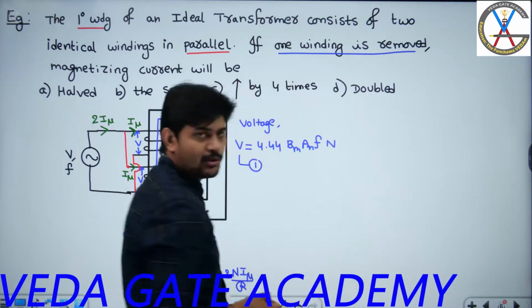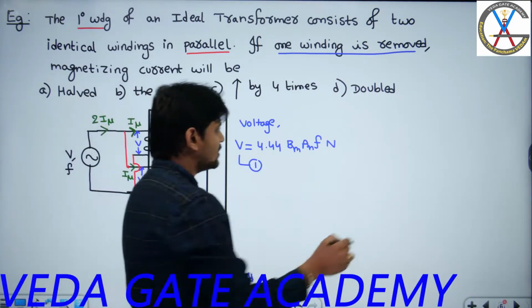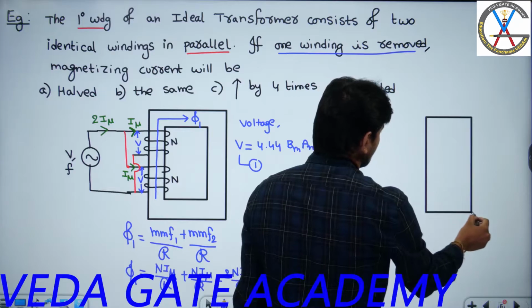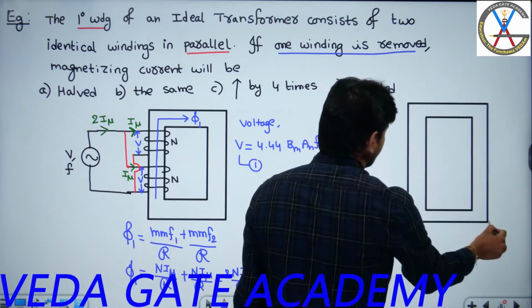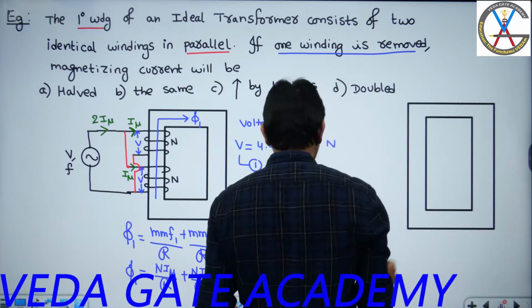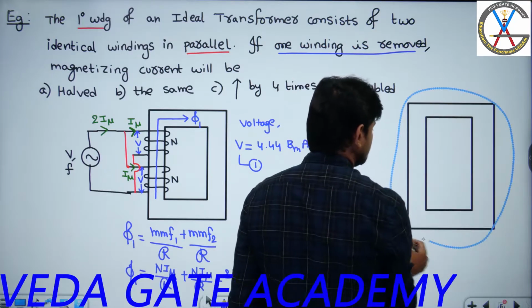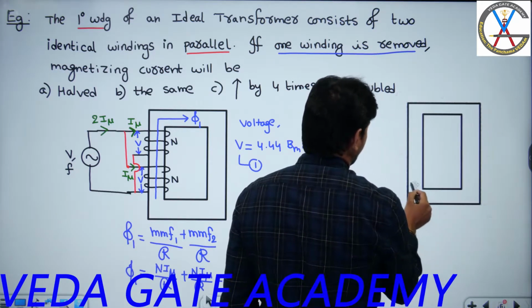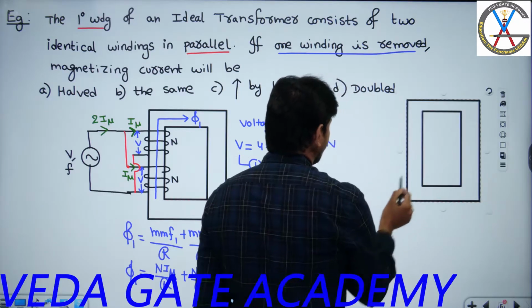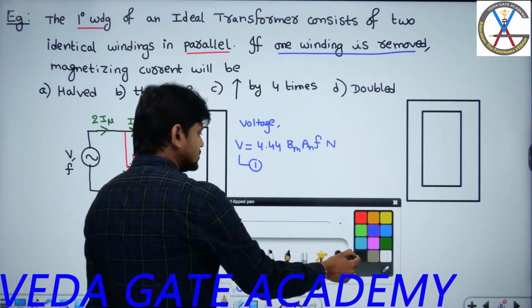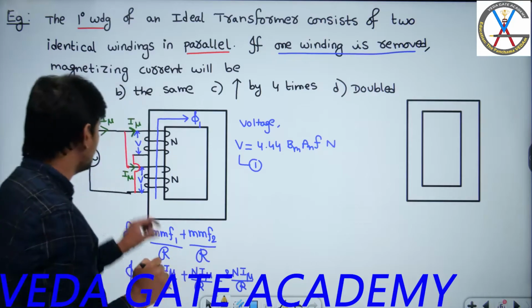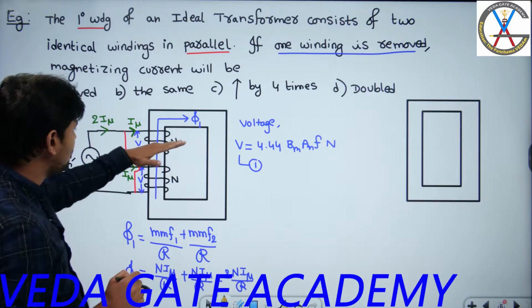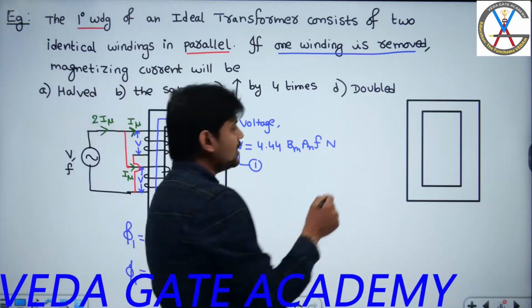The moment I remove one winding, let us quickly draw the structure. Now I will place only one winding. If I remove one winding, I will get only one winding with N number of turns.